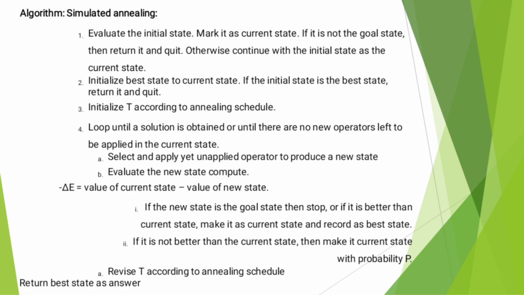If the new state is a goal state, then stop, or if it is better than the current state, make it the current state and record it as the best state. If it is not better than the current state, then make it the current state with probability p. Revise T according to the annealing schedule. Return best state as the answer.